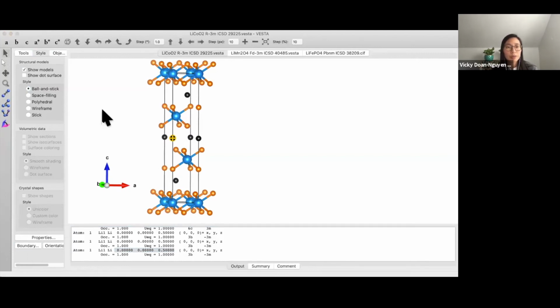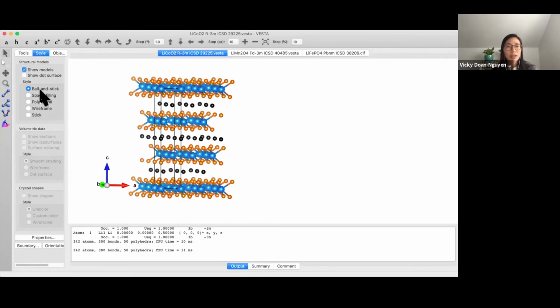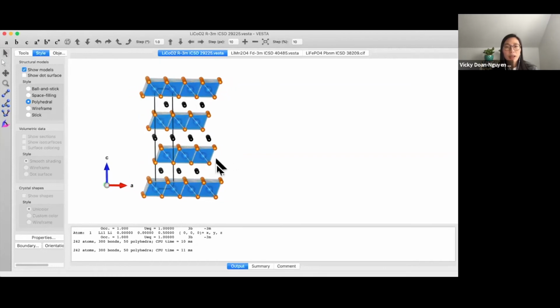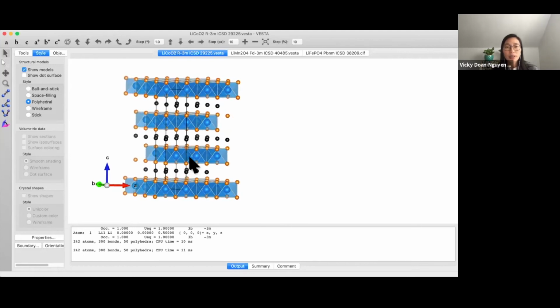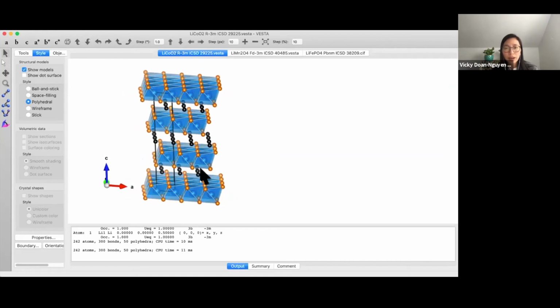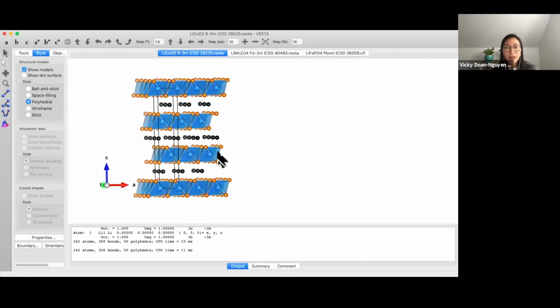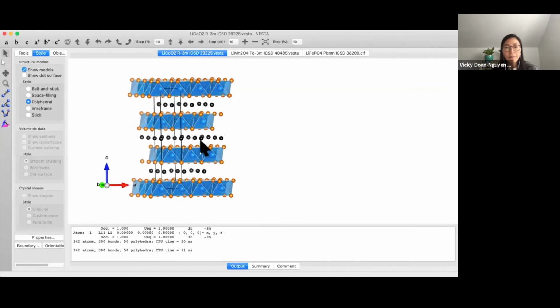And now we'll change the boundary and increase it to, let's say, 3 unit cells in X, 3 unit cells in Y. And also let's look at polyhedra view. So we see here that within each layer, there are CoO6 octahedra, which you could see here in the blue. So there are 8 faces, and they are edge sharing.